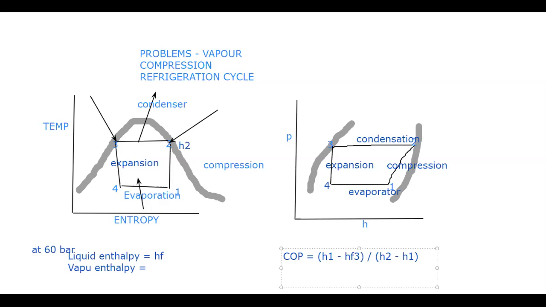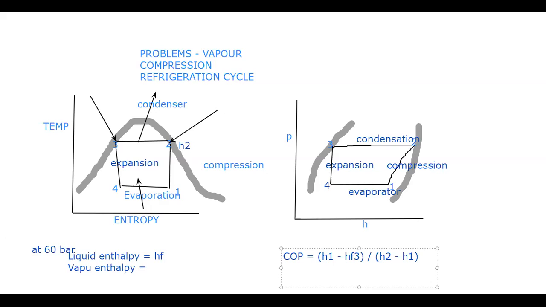Always remember this: H1 minus HF3 is the heat extracted. Even in the COP formula, what is COP? Net refrigerating effect by net work done, right? The numerator is the refrigerating effect and the denominator is the work done. So here we are going to use the same formula.